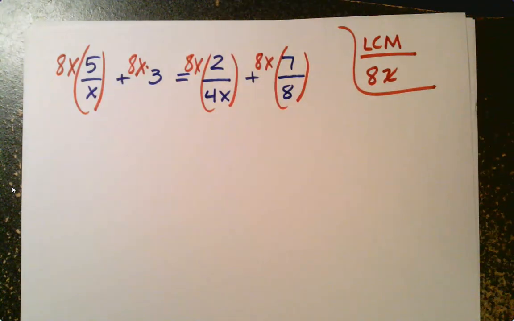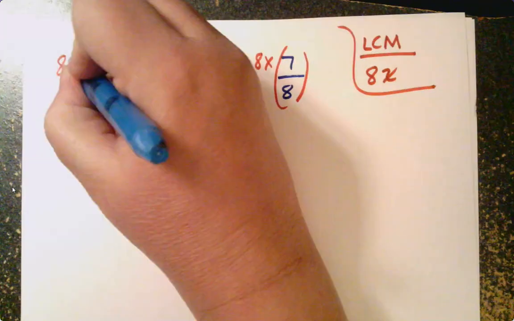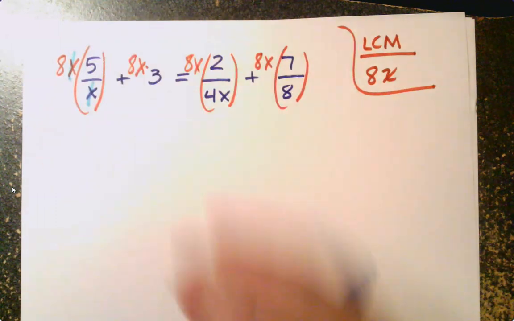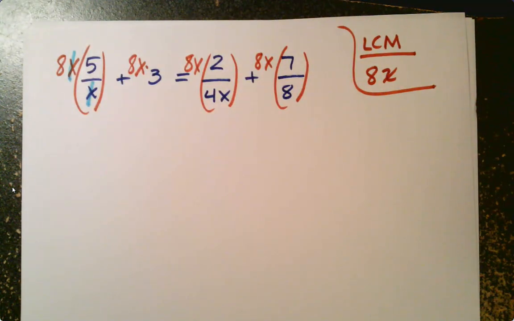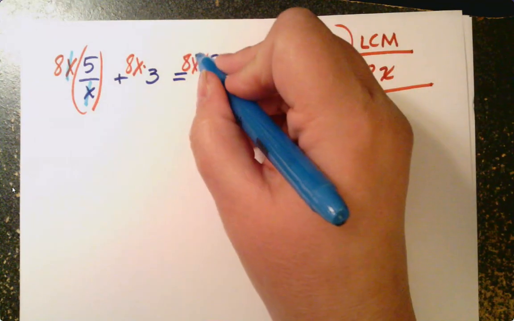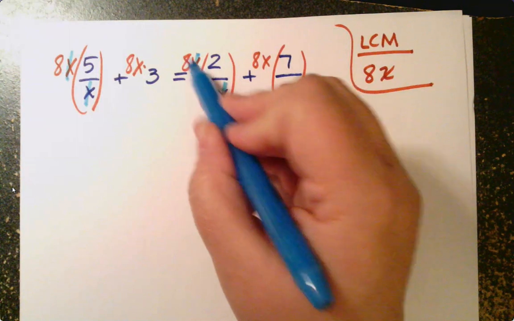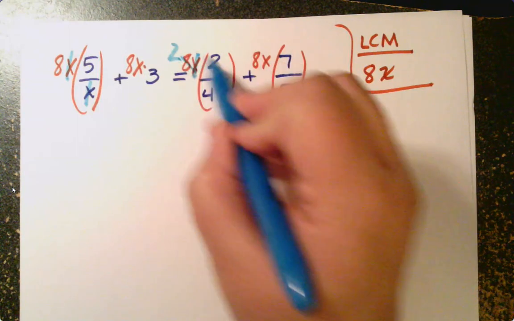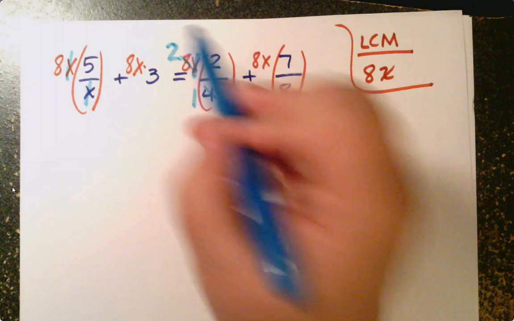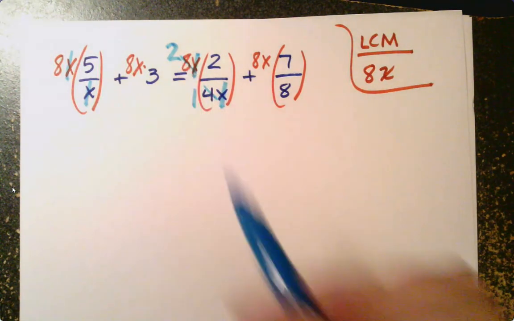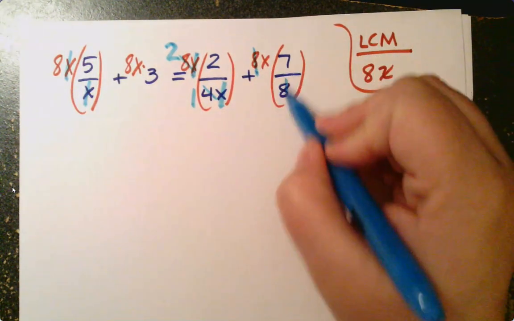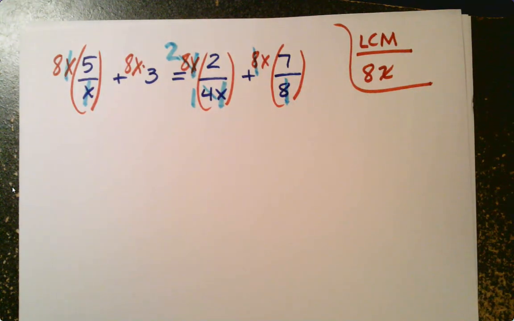All right, so now I get to do my canceling. I get to do my reducing. X over x, excuse the notification symbol, x over x simplifies to just 1. So that's gone. Then 8x, x over x simplifies here. 8 and 4 simplifies to 2 over 1. 4 goes into itself once and into 8 twice. 8 over 8 simplifies to 1, and that's it.